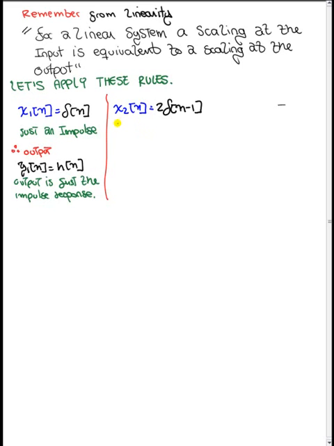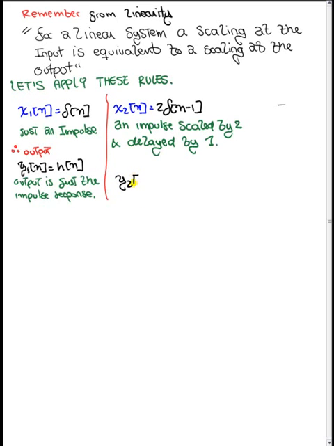This is an impulse scaled by 2 and delayed by 1. For LTI systems, due to linearity and time invariance, this is equivalent to an impulse response scaled by 2 and delayed by 1. Correct? So let's write that out.